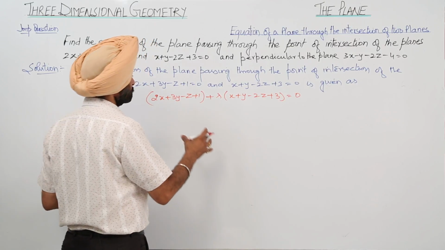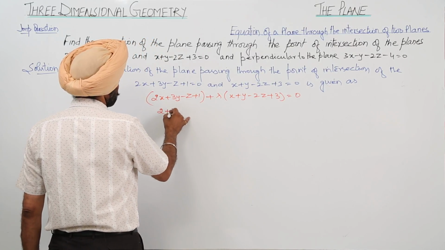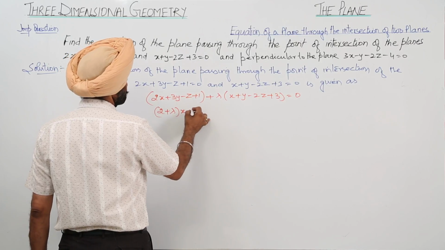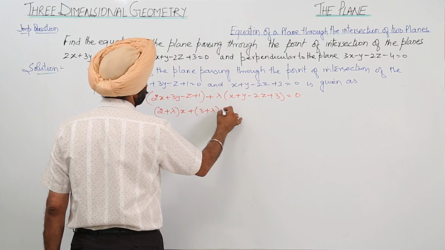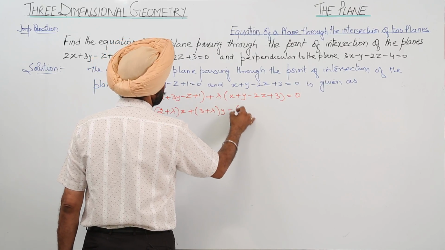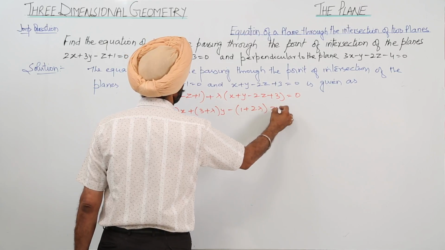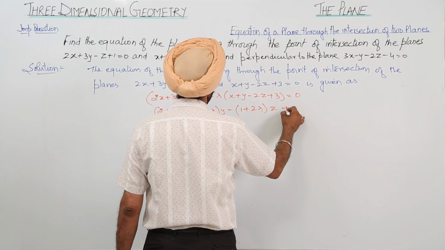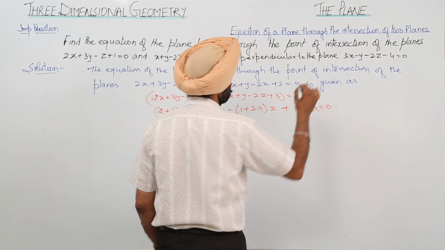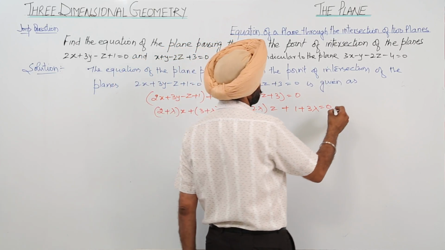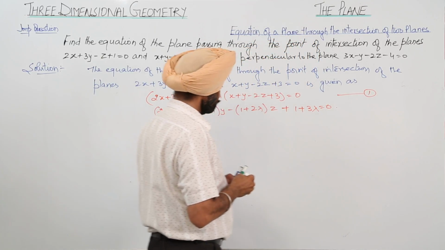Okay. So, now to this what we can write? We can write it (2 plus lambda) x plus (3 plus lambda) y minus (1 plus 2 lambda) z plus 1 plus 3 lambda is equal to 0. Now, let this be equation 1.